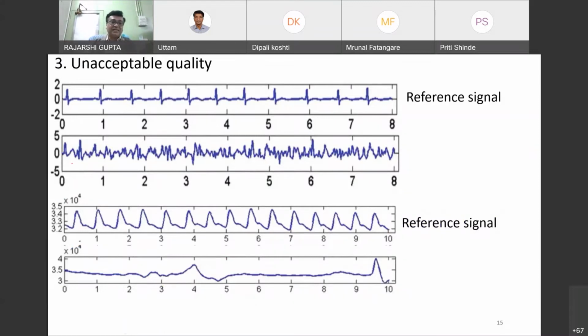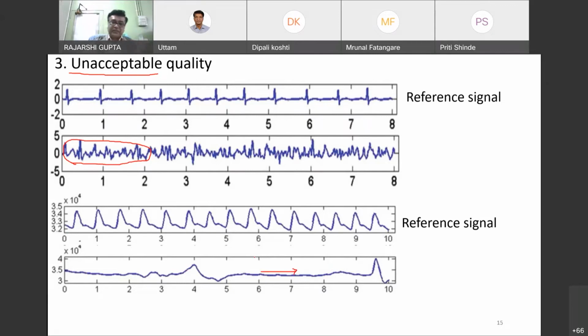In an unacceptable quality signal, you cannot do anything, either using a computer program or visual inspection. This is in the case of ECG, and in the case of PPG, you can see that there is almost no information. This flat line represents no information.